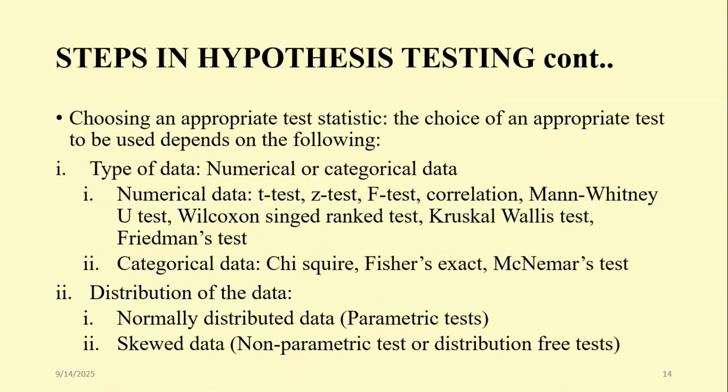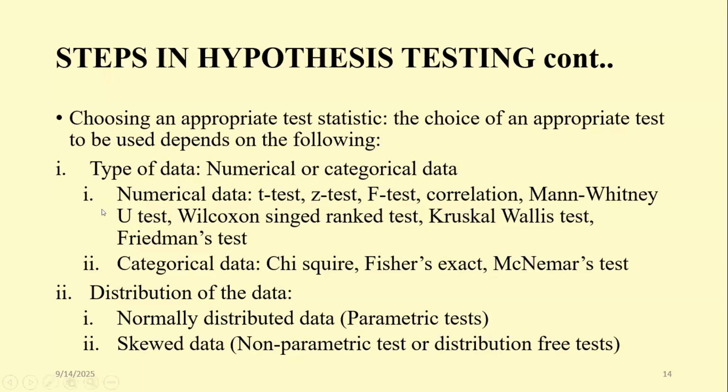Then step 3 is choosing an appropriate test statistic. This is what I want us to be more attentive to. How to choose the appropriate statistic you are going to use in your data analysis.